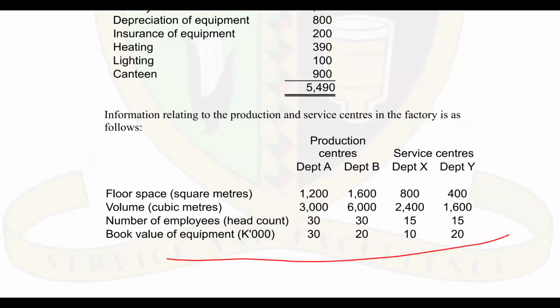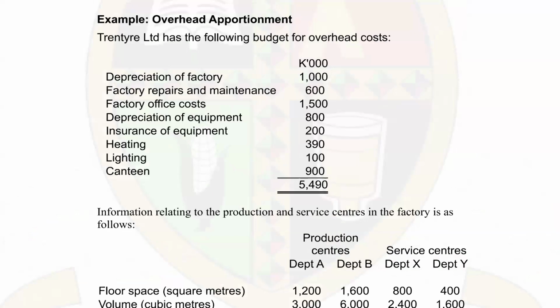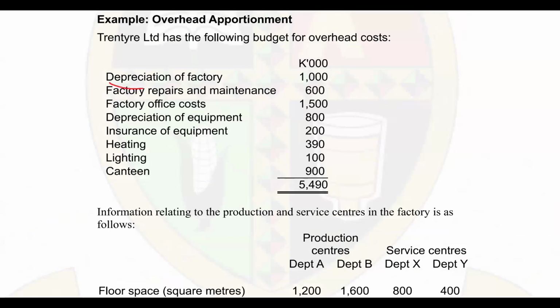For example, revising, the depreciation of the factory, the whole factory building. What's the most appropriate basis of apportionment? How can you apportion these amounts?